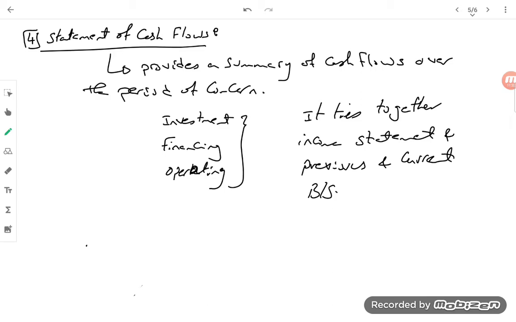So it starts with cash flow from operating activities, all operating activities such as depreciation, increase in account receivable, decrease in inventory, etc. The second part is related to investment activities, so it's cash flow from investment activities.